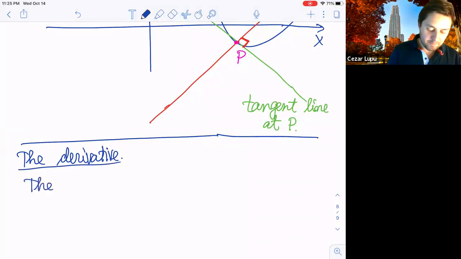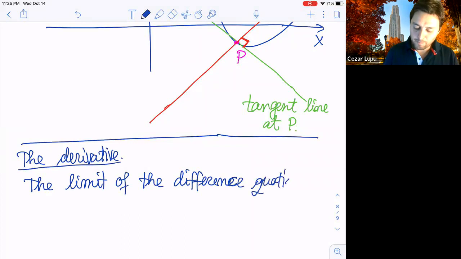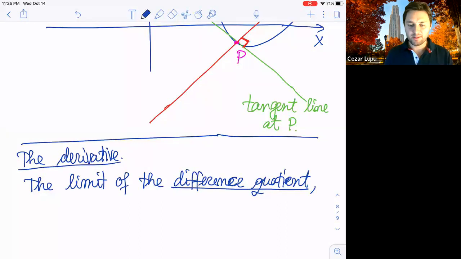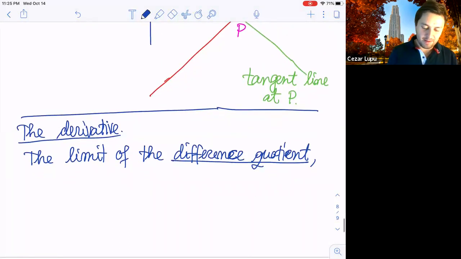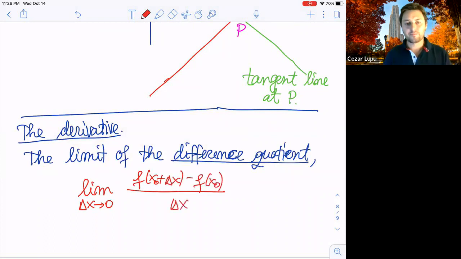So the limit of the difference quotient, this difference quotient that we've been talking about for the entire lecture. Let me just write it again. It is this limit as delta x approaches 0 of f of x naught plus delta x minus f of x naught, everything over delta x.